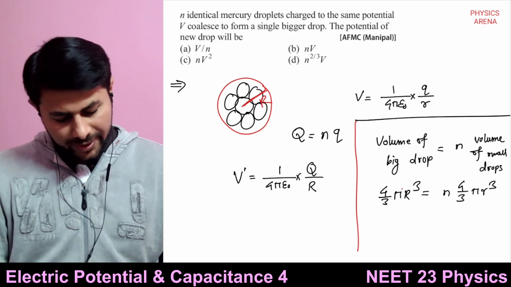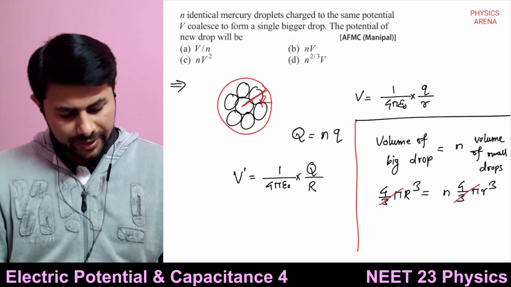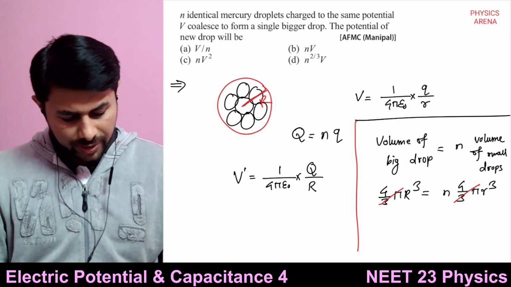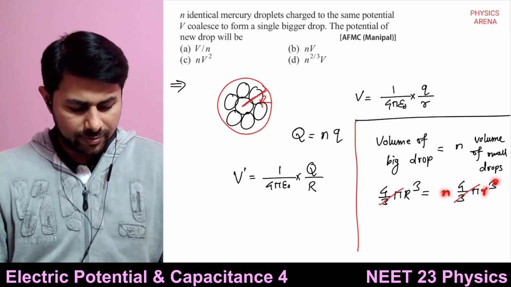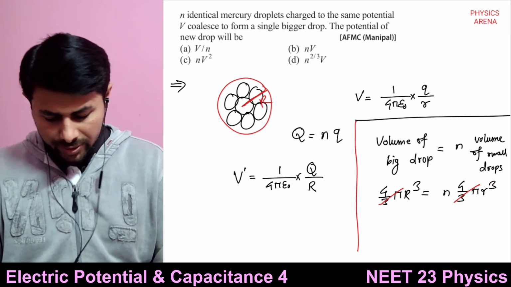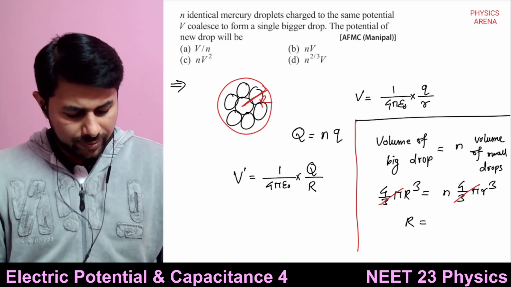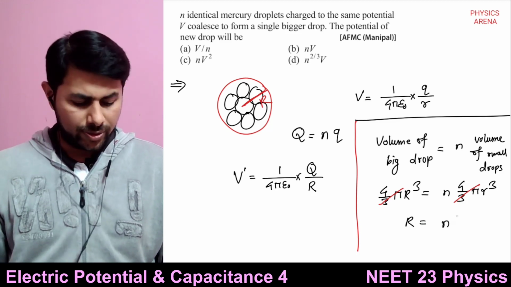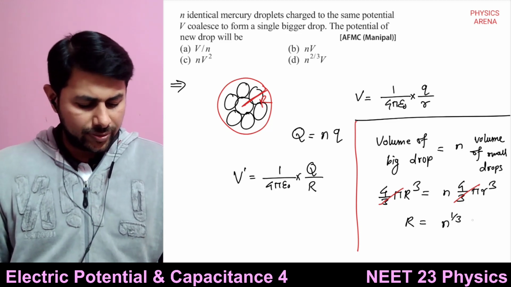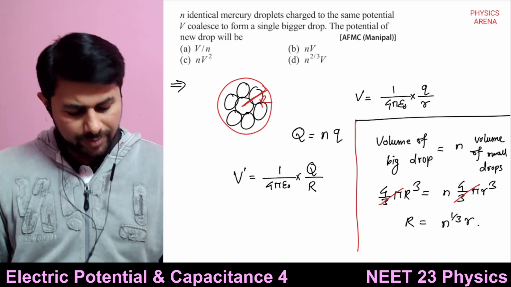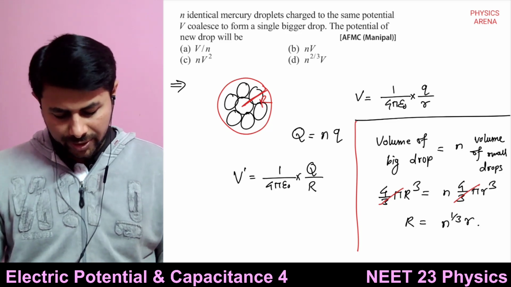The 4 by 3 pi cancels, so R cube is equal to small n times small r cube. Taking the cube root on both sides, R is equal to n raised to 1/3 multiplied by small r. We can substitute that here.